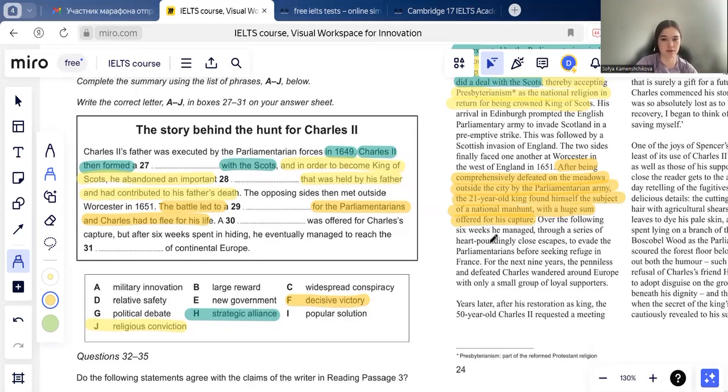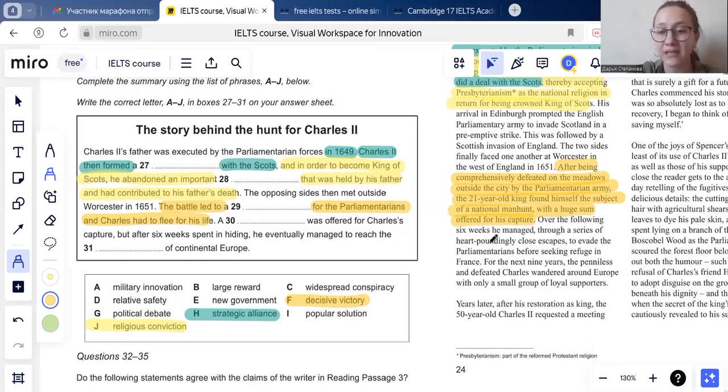his capture. Okay, so the battle led to a decisive victory for the parliamentarians. Parliamentarians won. How was it paraphrased in the text? Comprehensively defeated. By who? By parliamentarian army. Yeah, like comprehensively meaning completely.